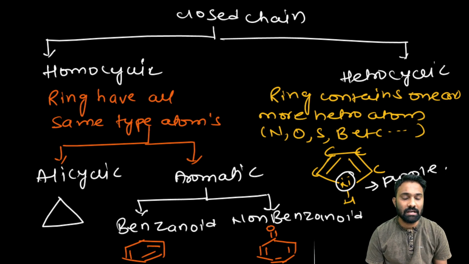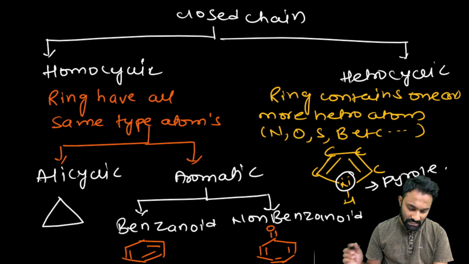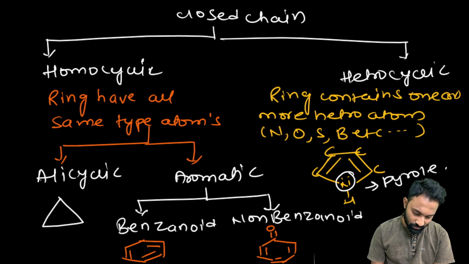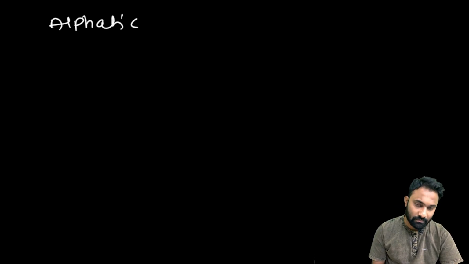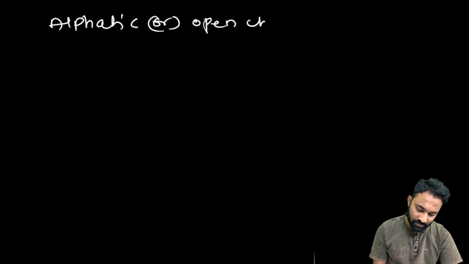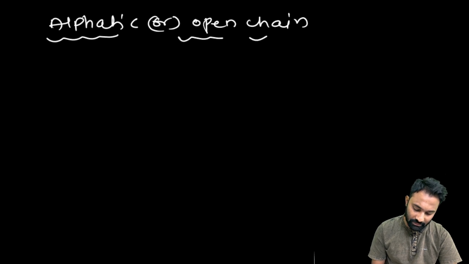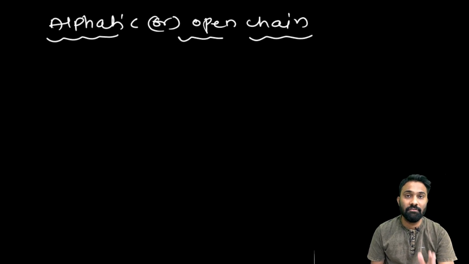Done? Now this is the classification of organic compounds. Next we are seeing aliphatic or open chain. These basics are very important and these terminologies will play a very crucial role while we are solving questions. Clear?